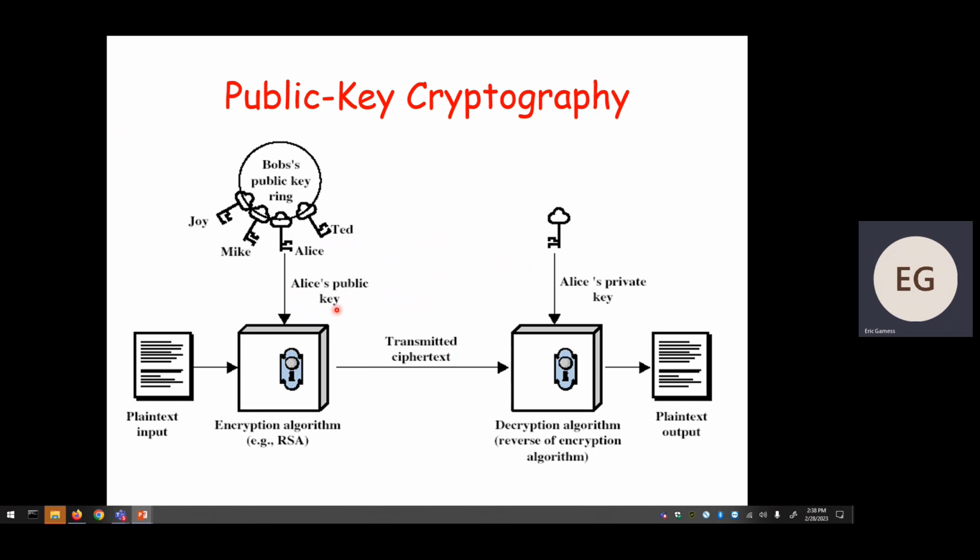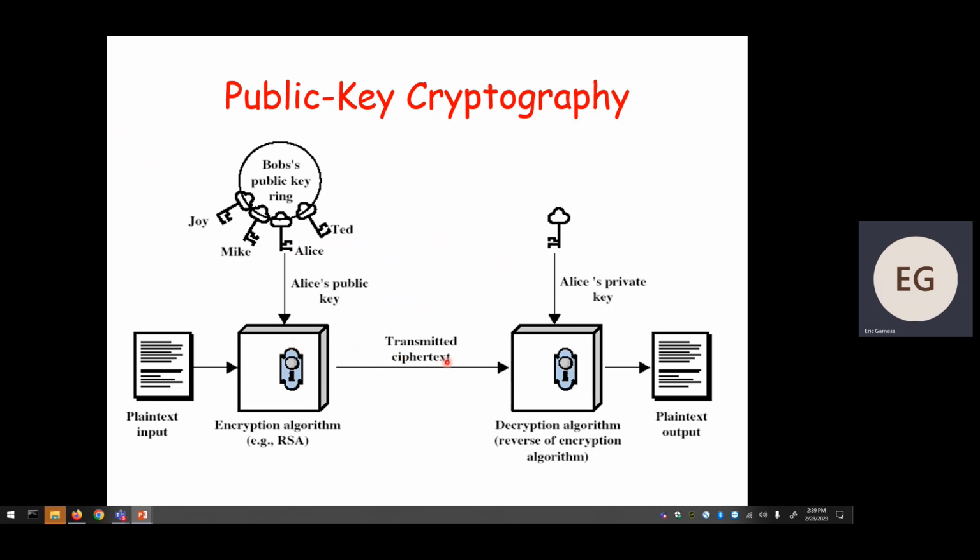So Bob has the public key of Alice. And Bob is going to use the public key of Alice to encrypt the message.